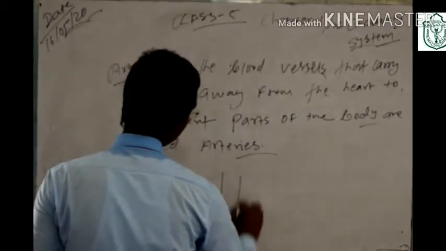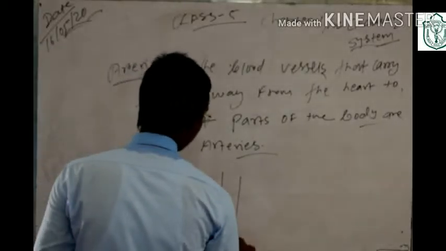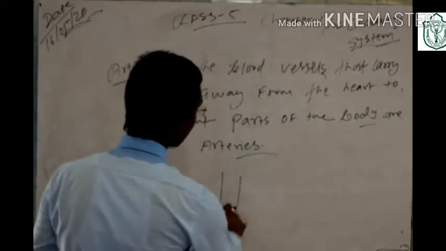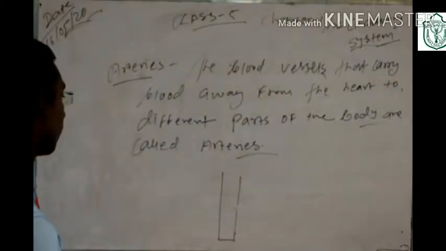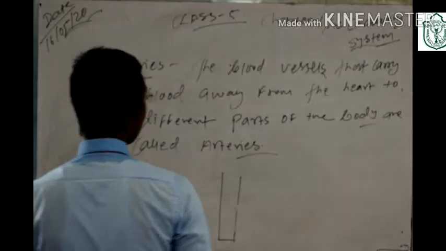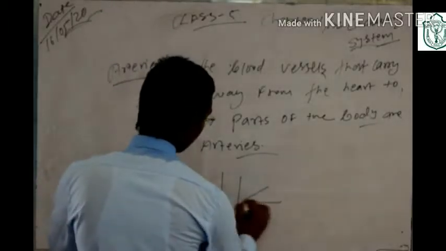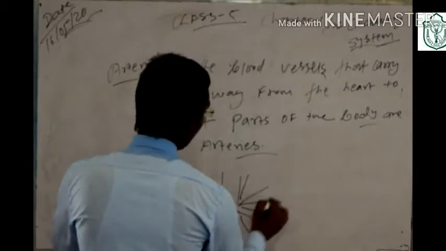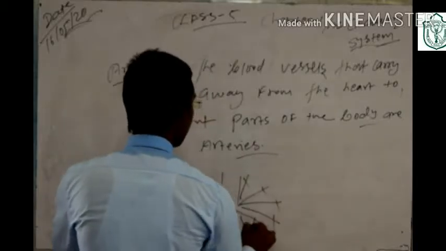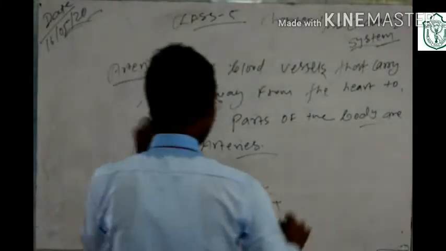So this is the structure of arteries. There are many smaller tubes that branch out from the artery. These smaller tubes are known as arterioles.